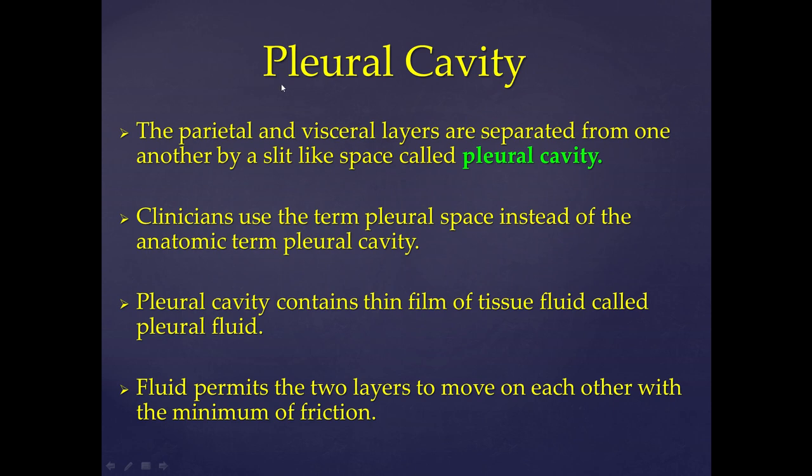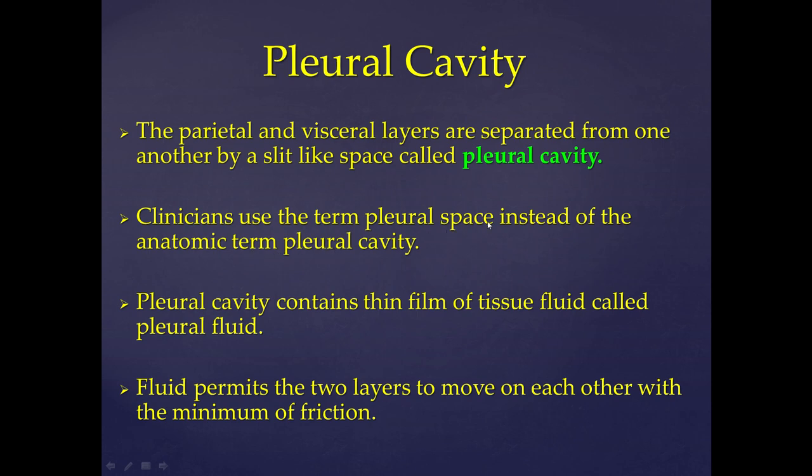Now we will study the pleural cavity. What is the pleural cavity? The two layers, the parietal layer and the visceral layer, are separated from one another by a slit-like space, a very small space, and that is known as the pleural cavity. Clinicians use the term pleural space instead of the anatomic term, pleural cavity.